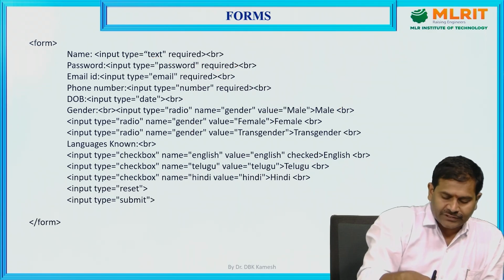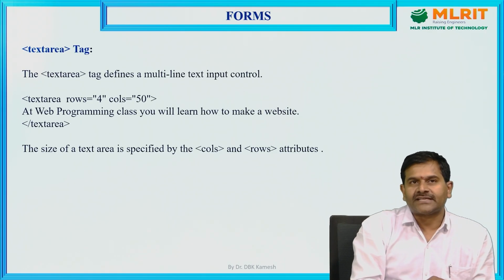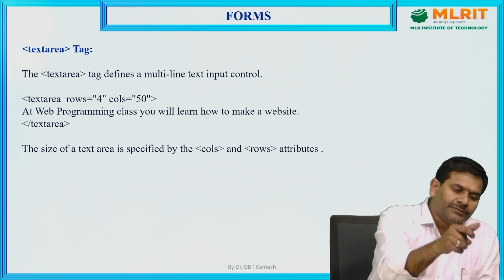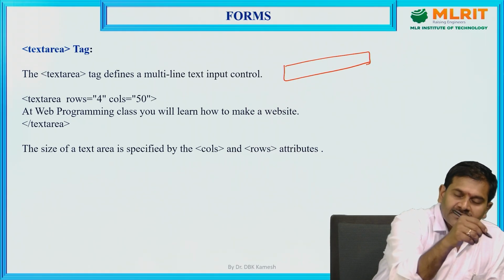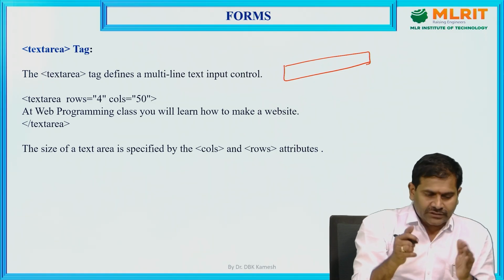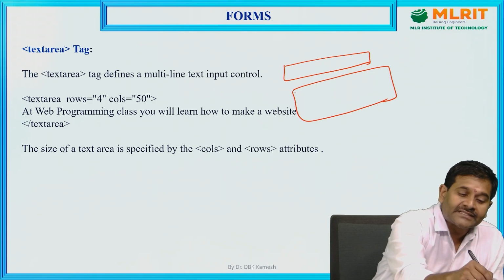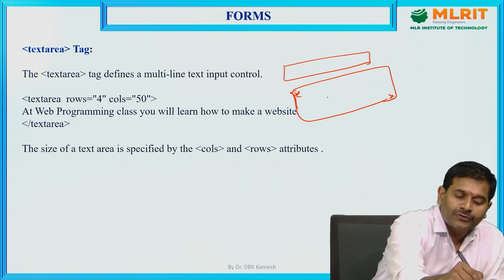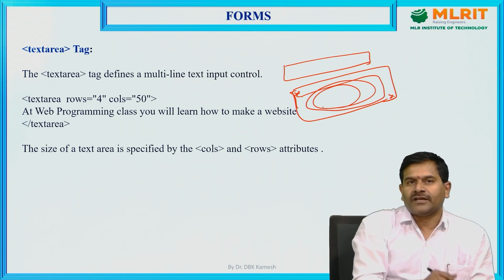As I said earlier, the next one is text area. Previously we gave only text of 32 characters. Now I want the entire 200 words or 300 words to be filled. This is called text area, from start to end tag.